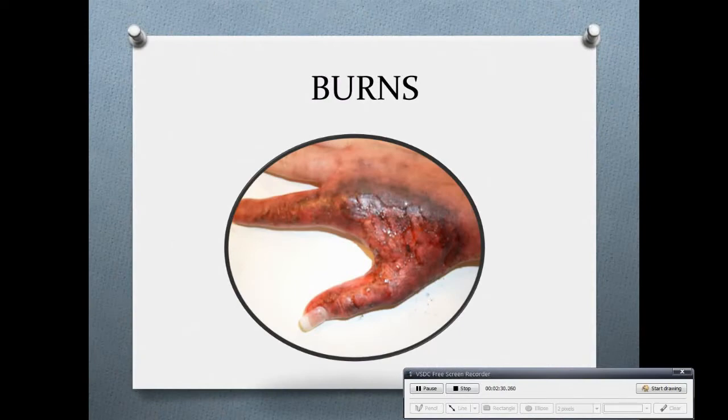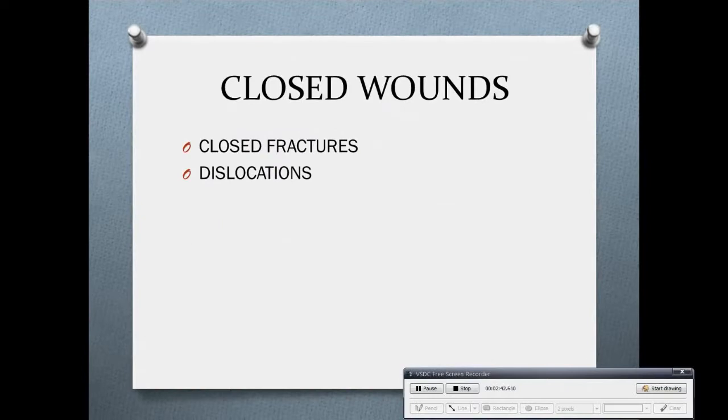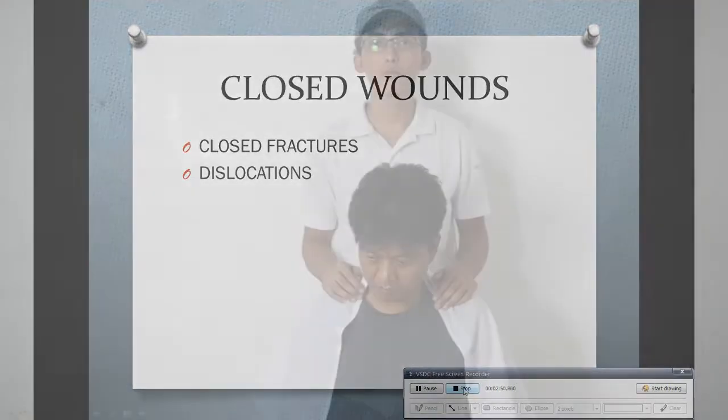Burns can also be considered as open wounds. The only treatment that we normally give to this type of injury is to cover it against infection. We do not apply compression. Other types of wounds that we might encounter will be closed fractures or dislocations.